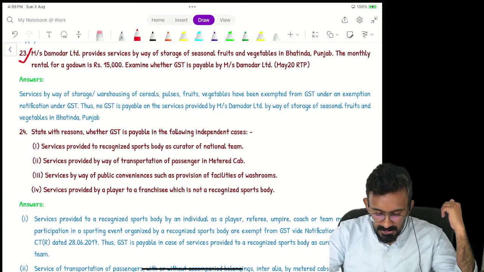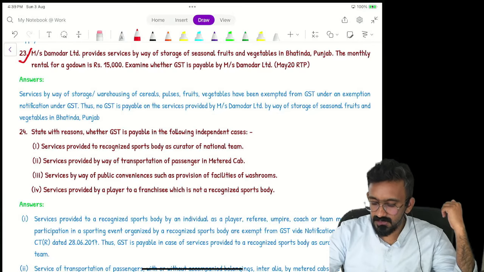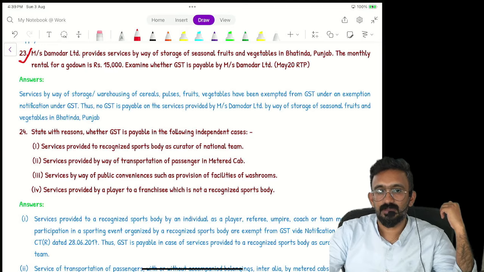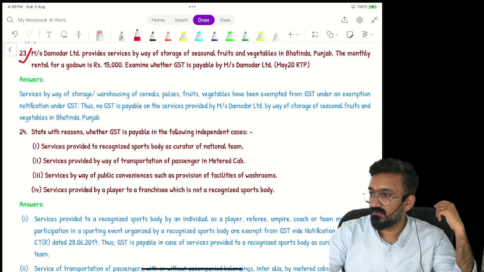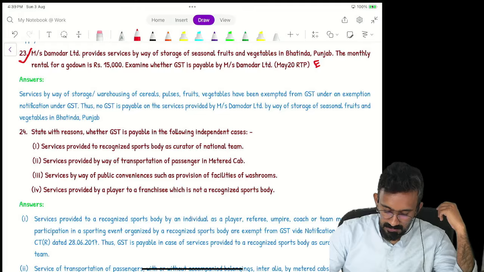Damodar Limited provides services by way of storage of seasonal fruits and vegetables. Taxable or exempt? Storage and warehousing of cereals, pulses, fruits and vegetables is exempt.